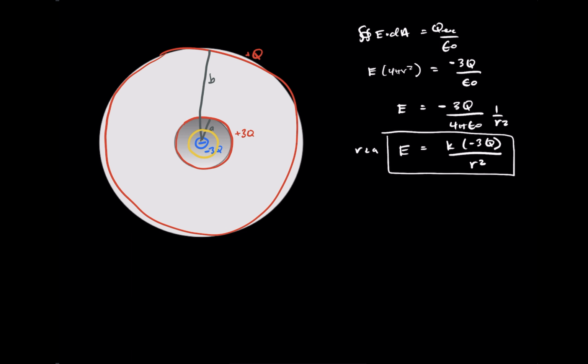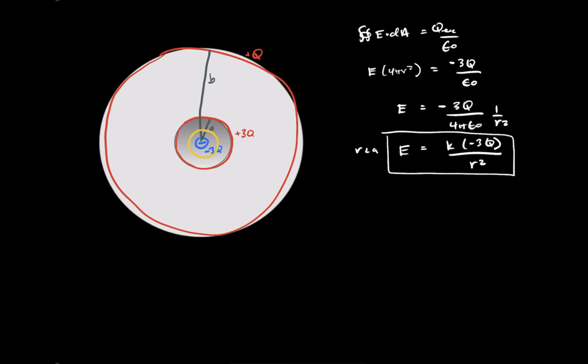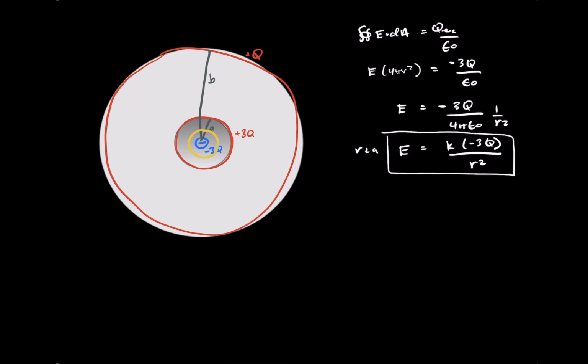Then let's say we do r greater than a but less than b. So that's in here. Okay, so this is our new r. Once again, when we do Gauss's law, we end up with E times 4 pi r squared on this side, which should be the same. What's the charge enclosed?